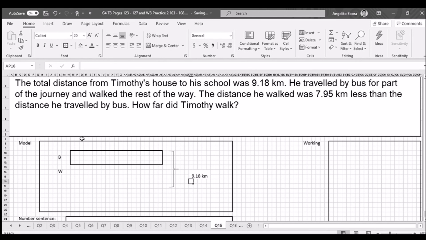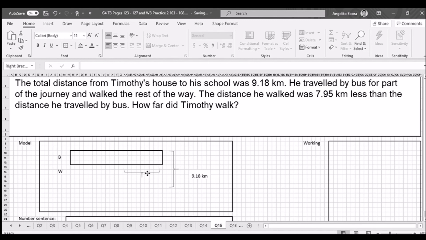Okay, so it says he traveled by bus for part of the journey and walked the rest of the way. Okay, so the distance he walked was 7.95 less than the distance he traveled by bus. Okay, so this means, oh, it doesn't mean that the distance he walked was this one, yeah? It says less than. Okay, so where will we put it?